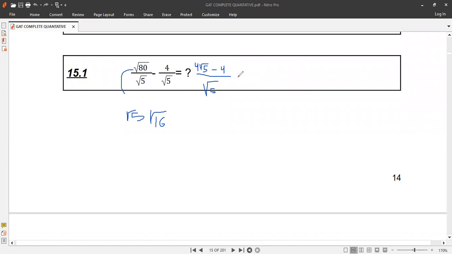Now I can take 4 outside, then I have inside root of 5 minus 1 over root of 5. Let me check the choices now.